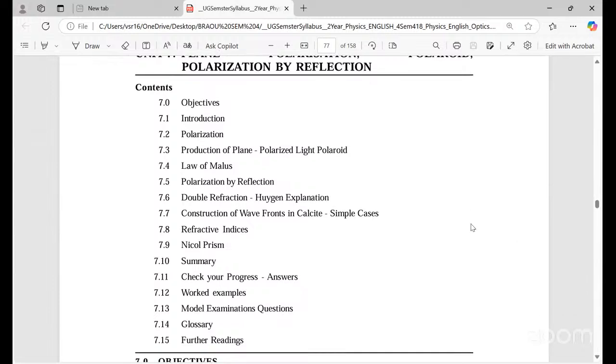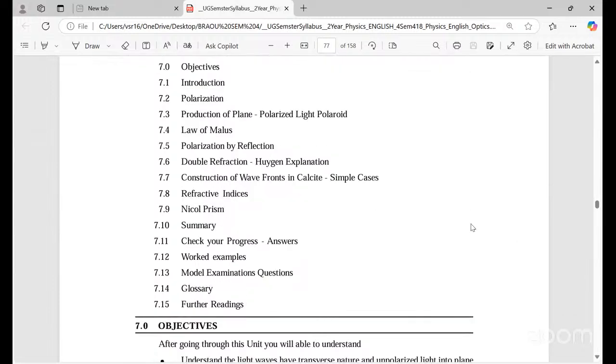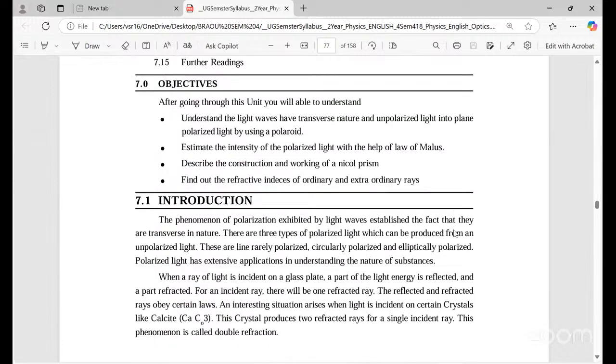What is Malus's law? What is Brewster's law? What do you mean by double refraction in particular crystals? What is Huygens principle? And the Nicol prism; the most important expected essay question is the Nicol prism. All these come under the polarization chapter.